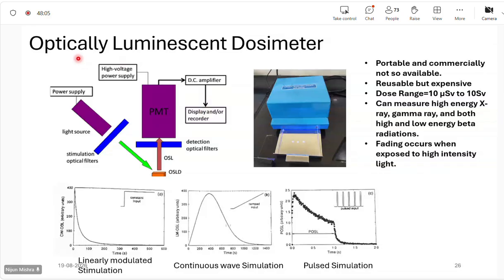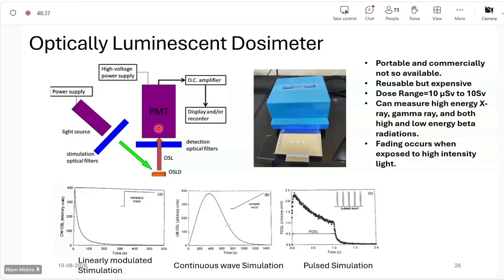Filters are necessary in both TLD and OSLD, because if there is no filter, the stimulation light can also contribute to our PMT signal. So filters are there to cut this stimulation light or any extra light from surroundings. This is how it works.